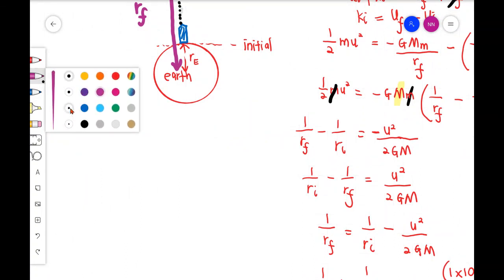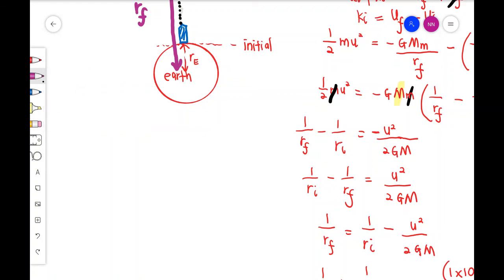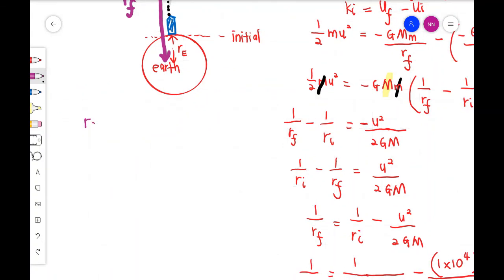Daripada RF adalah sama dengan height plus radius of Earth. So height yang kita nak cari ni adalah R final minus dengan radius of Earth.